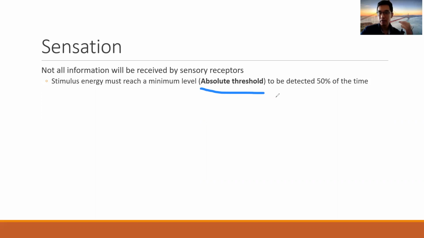The stimulus must reach a certain minimum level for us to detect it. If the stimulus is below that level, we cannot detect it. Another thing in this concept is how to decide whether a stimulus can be detected or not. We say that if the stimulus can be detected half of the time, that is the lowest level, the absolute threshold.